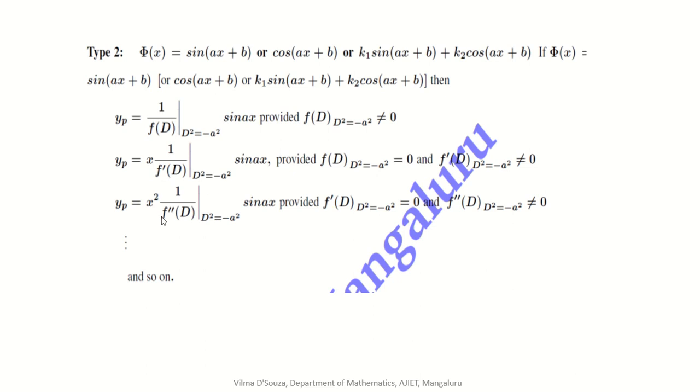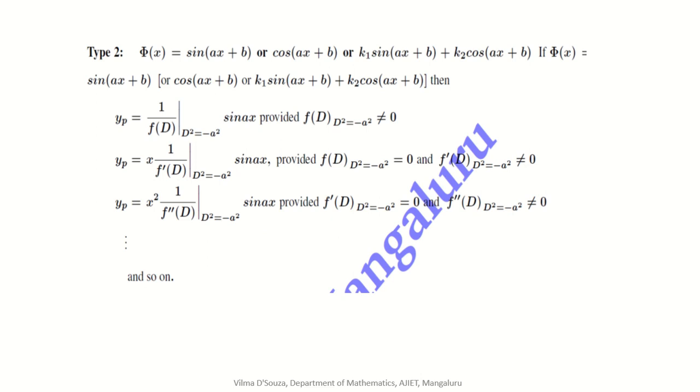If the denominator is 0, multiply again by x and differentiate again the denominator. X square into 1 by f double dash of d of sin ax. The procedure continues till you get the non-zero denominator. The same procedure if you have cos function here. Instead of sine, cos function, you follow the same procedure.